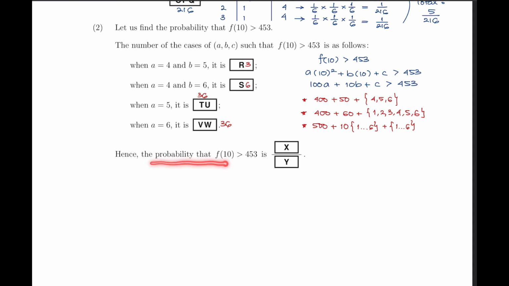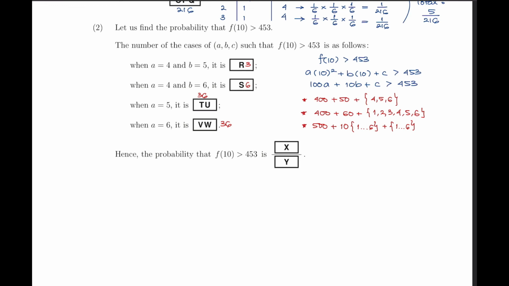Hence, what is the probability that f of 10 is greater than 453?